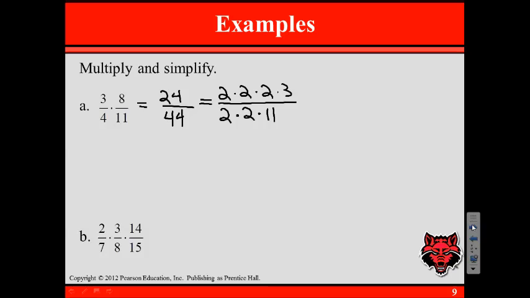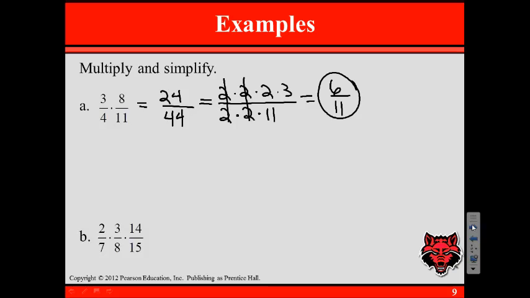Now looking at the numerator and denominator, we have one set of 2's that cancels. We have another set of 2's that cancels. And those are the only common factors from the numerator and denominator. So we multiply the remaining factors. 2 times 3 is 6. We're left with only 11 in the denominator. So the simplified product, the simplified solution, is 6 over 11.